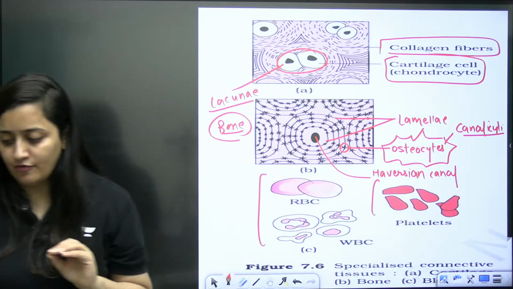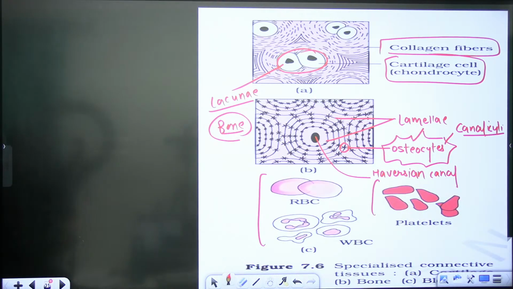Just mark it. Done. So these are the lacunae, the space where your osteocytes are present, and surrounding them, small canals, they are the canaliculi. Okay, so it is important. Fine bache, it is important. Done.